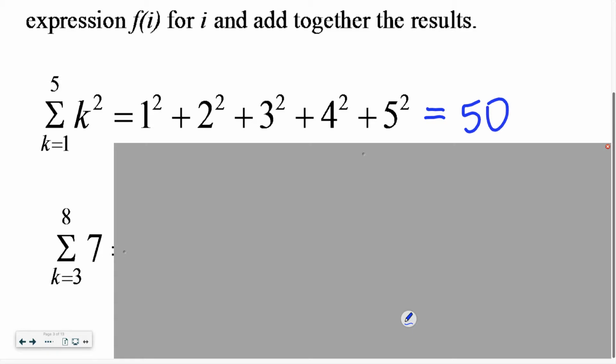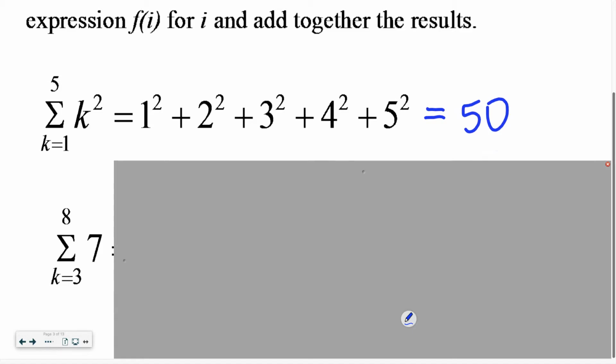What about this? The sum of k equals 3 to 8 of 7. What would that be? Do you see a k?